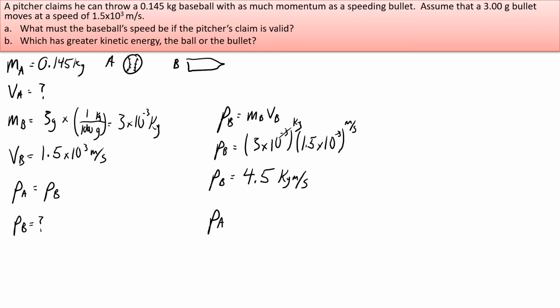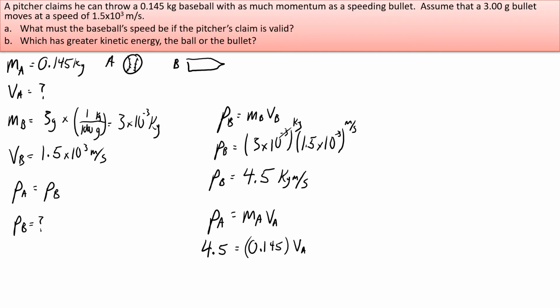All right, so this is the momentum of the ball. That's equal to the mass of the ball times the velocity of the ball. Now we already know how much momentum we need: the momentum of the bullet, 4.5 kilogram meters per second. If the baseball is 0.145 kilograms, how fast do you have to be traveling?